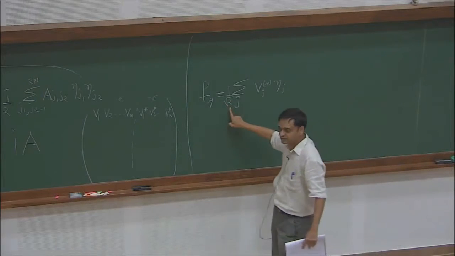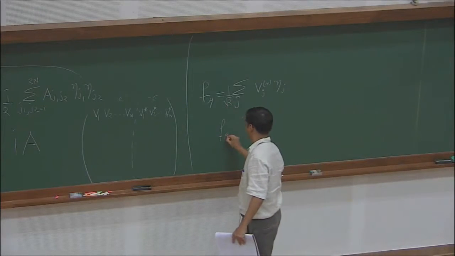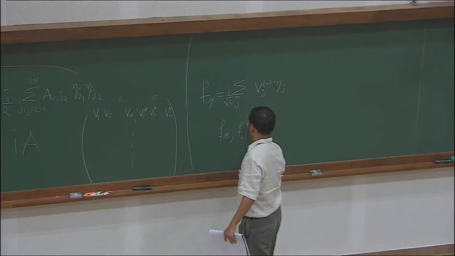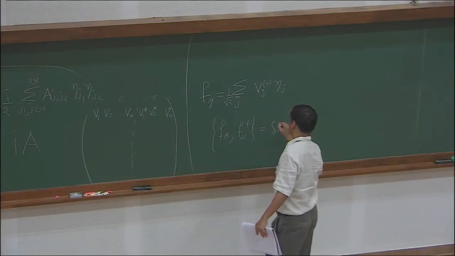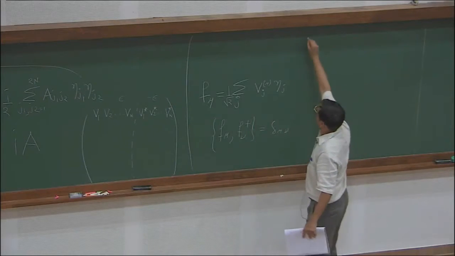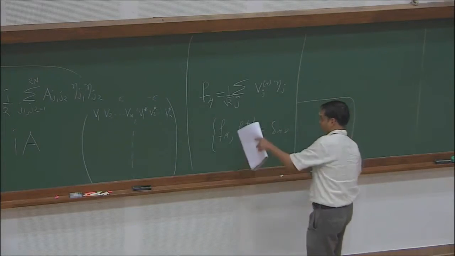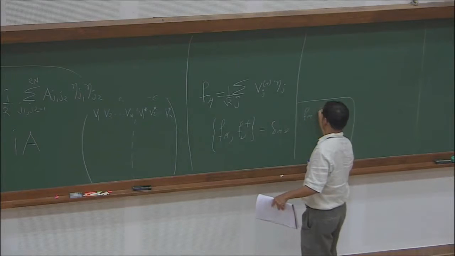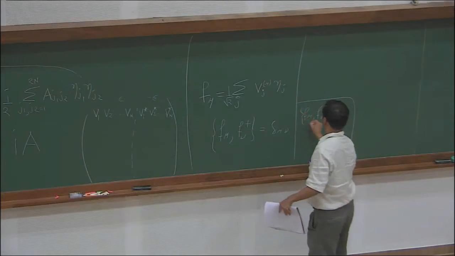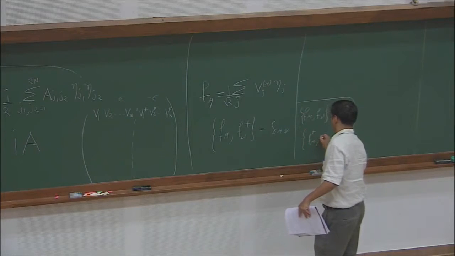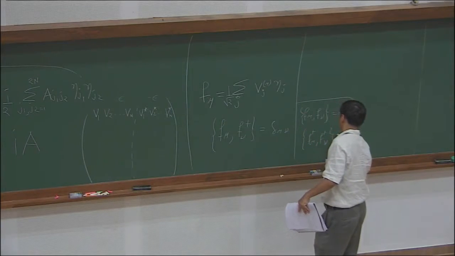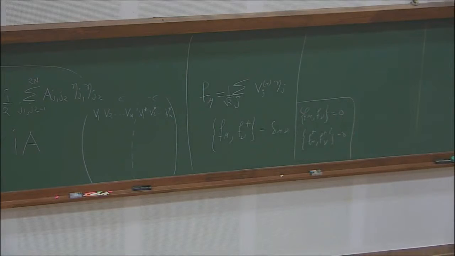This normalization ensures that f_mu and f_mu dagger obey the correct canonical anti-commutation relations. Which means in addition to that, f_mu f_nu is always 0, and f dagger_mu f dagger_nu is of course always 0. Okay?